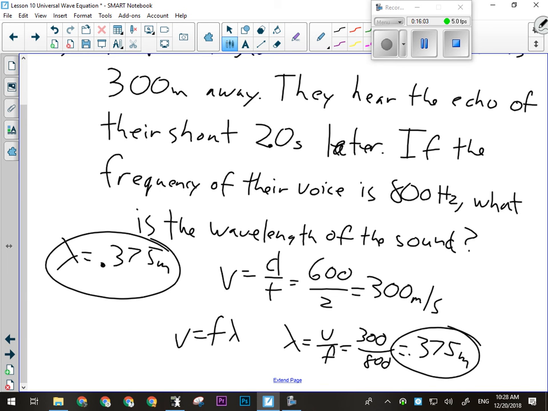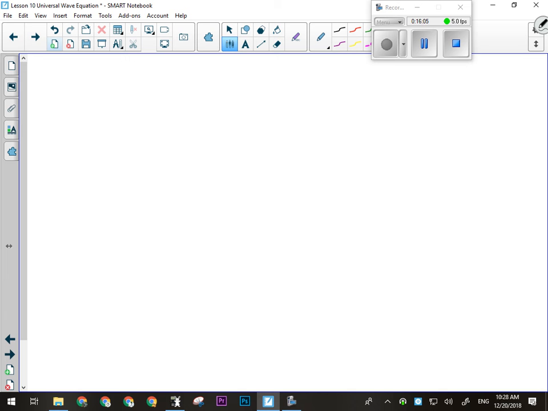Other things that could come up. Sometimes a question will be about sound, but it'll tell you that the air temperature is a certain number of degrees instead of giving you the speed of the waves. If that happens, we have to remember, and this formula is on your formula sheet, that the speed of sound at 0 degrees Celsius is 332 meters per second.